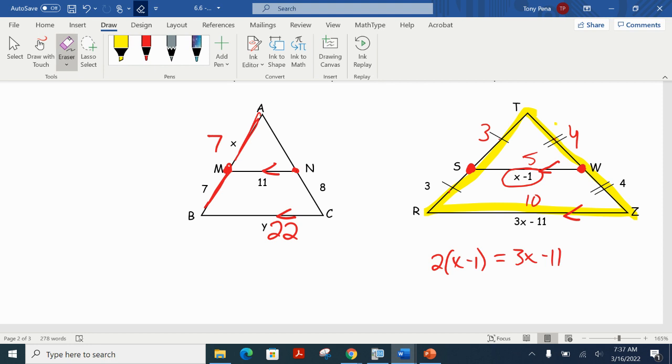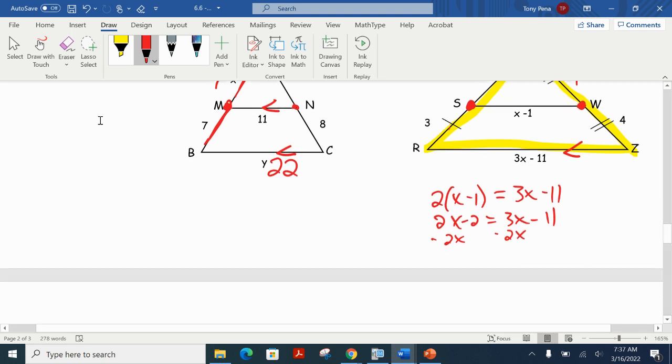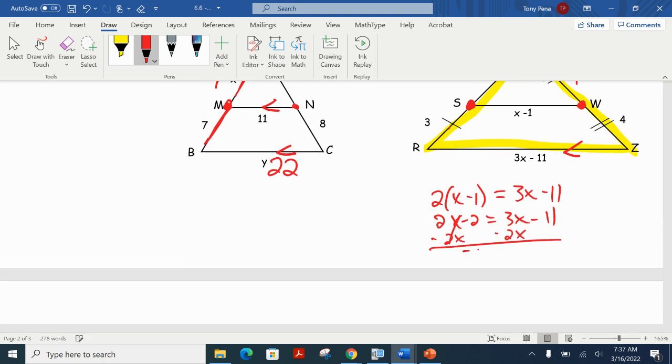So that's what I just did. All right, and then you just solve this. So we'll distribute: 2x minus a 2 equals 3x minus an 11. I'll subtract this 2x over. So I get negative 2 equals 1x minus an 11. Lastly, add the negative 11 over, so plus 11, we should get x to be a 9.